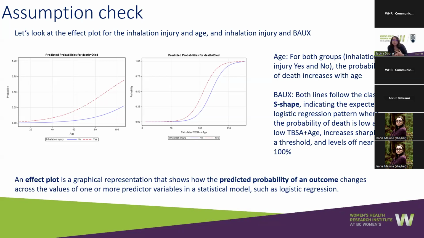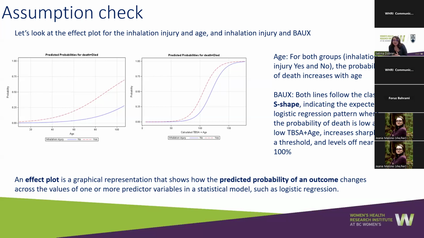For age, I did it for inhalation injury, yes or no. For both groups, the probability of death increases with age. For inhalation injury it's a little bit more than for non-inhalation injury. And Bow's index shows the classic logistic regression S shape.